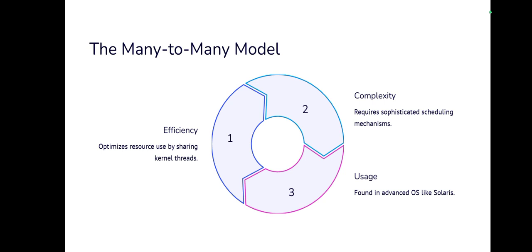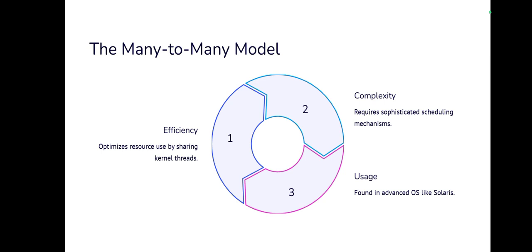The advantages of the many to many model are that it combines the benefits of many to one and one to one models, allows the OS to create a sufficient number of kernel threads, and offers better scalability and flexibility.